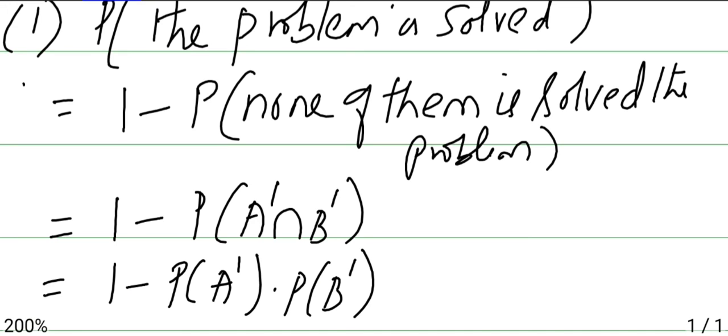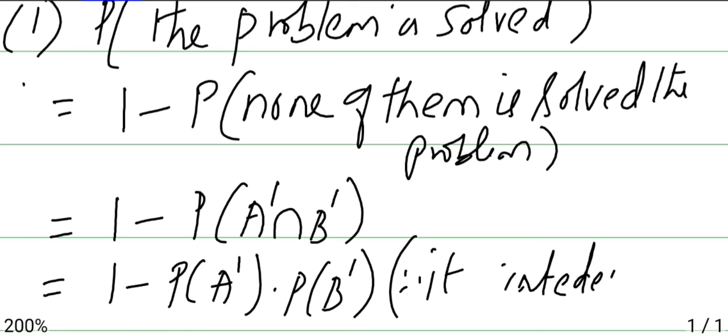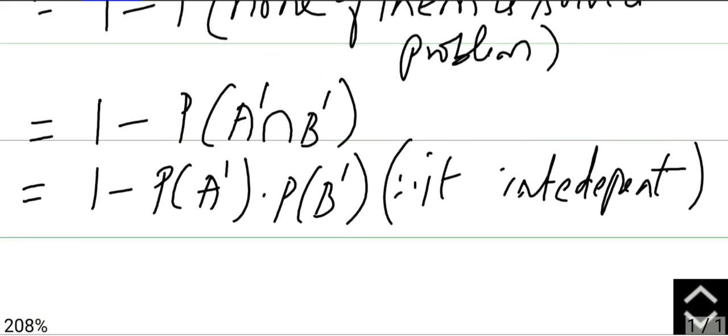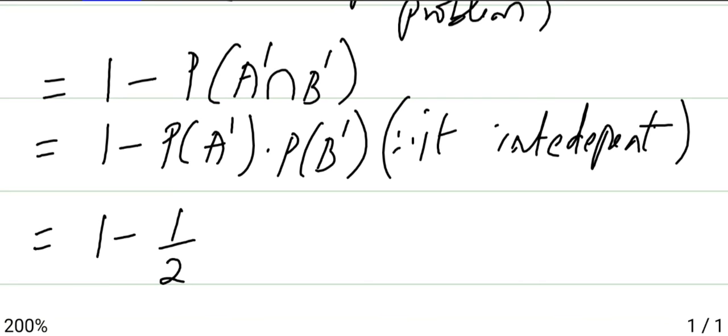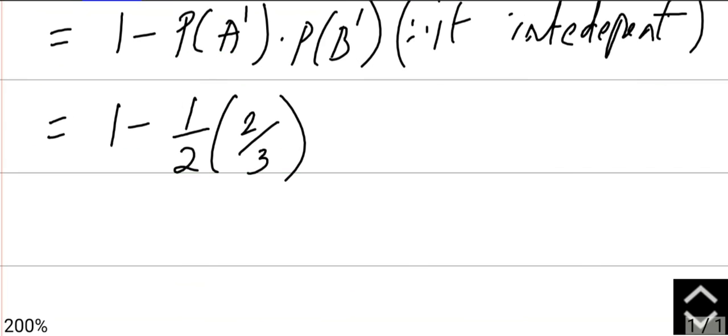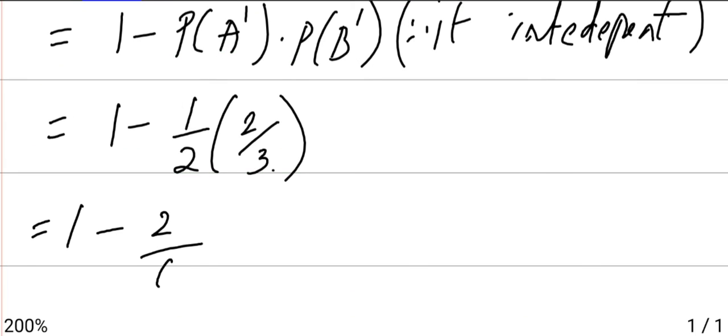Why are we writing this? Because they are independent. So here we have the values: 1 minus P of A dash is 1 by 2 and P of B dash is 2 by 3. Multiplying, you get 1 minus 2 by 3 twos are 6.